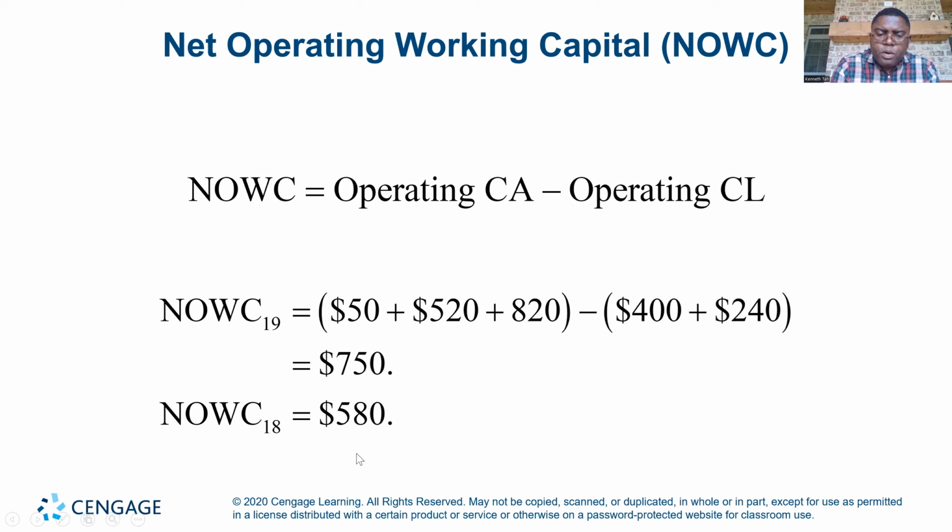If we do the same for 2018, we have 580 million. So we can see that as we move from 2018 to 2019, there is a drop in the net operating working capital for the company. So that is step two.